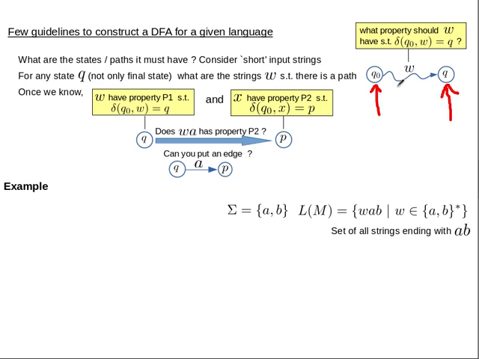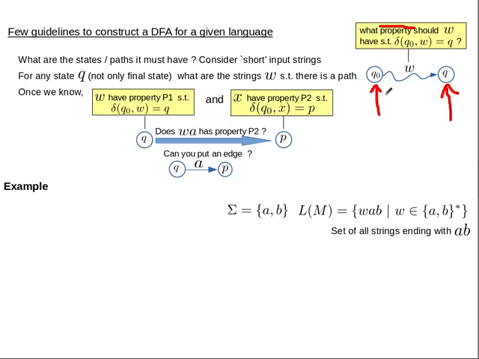Then you ask, what are the strings corresponding to this state? Each state corresponds to a set of strings: the strings that can lead to this state, right? So you make some transitions, and starting from this start state 0, you go to this state Q. Then you ask, what are the strings that can get you to this state? So you try to figure out some property of these strings, okay?